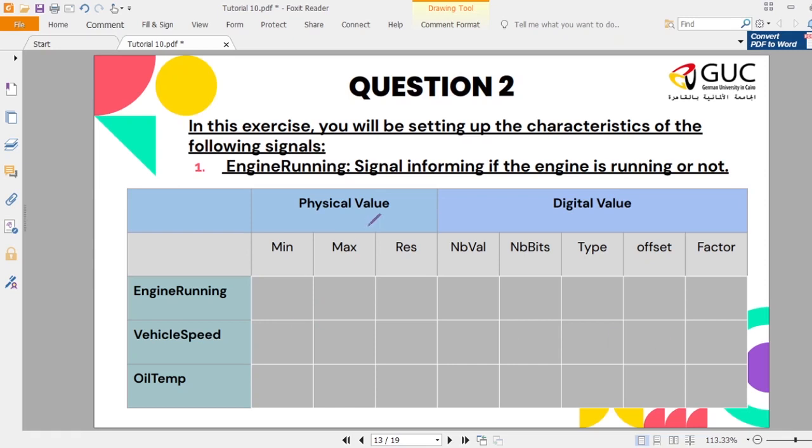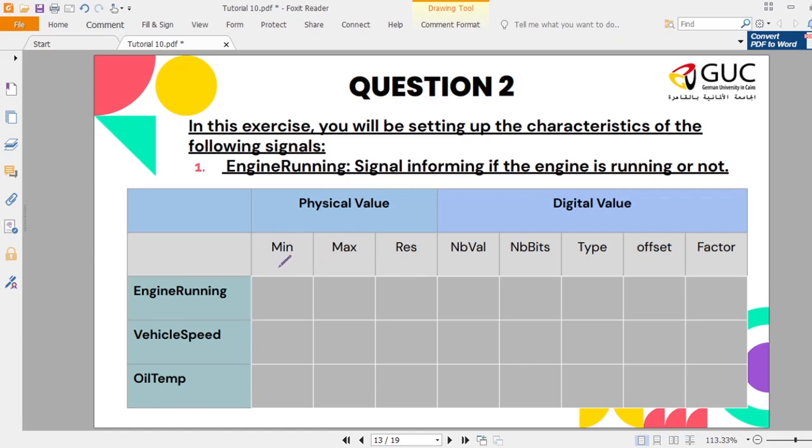We will start with the engine running. The information given is a signal informing if the engine is running or not. So it's black or white, right? This or that. So when we come here to complete this table, our physical value, which comes out of the electronic device, is the following.